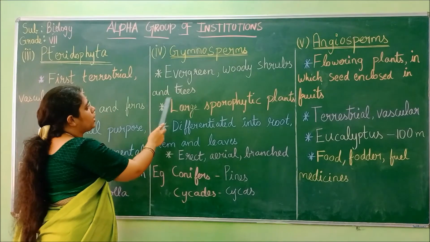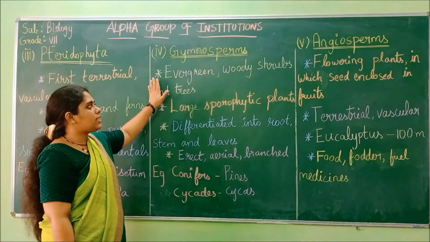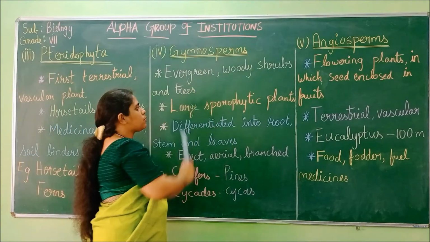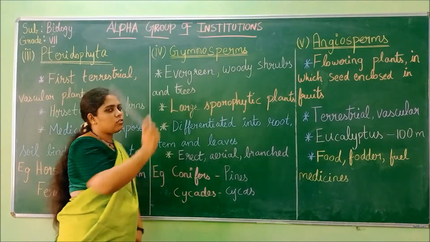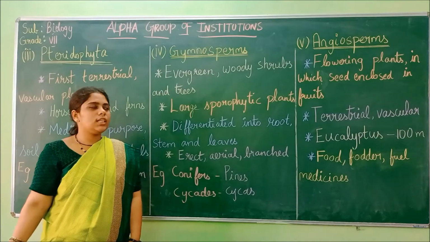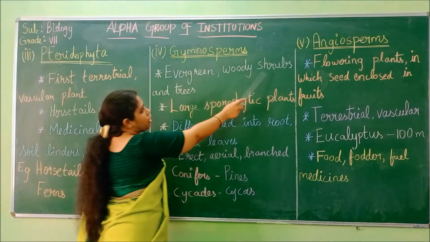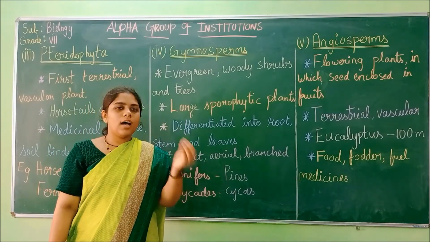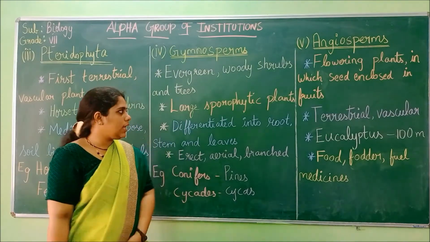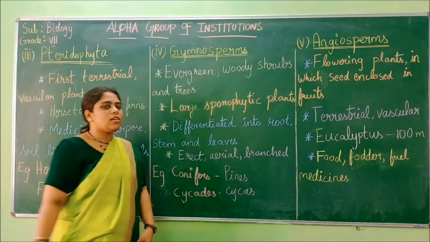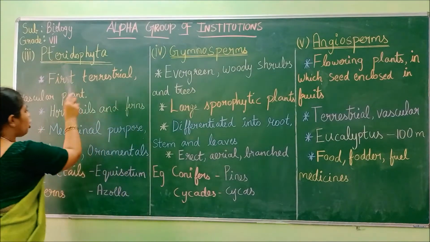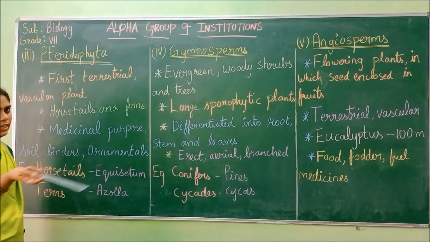Gymnosperms also include trees. These are the three types of plants which come under gymnosperms. First is evergreen, greenish throughout the year. Then woody shrubs, small shrubs having woody branches. And finally trees. Trees also come under gymnosperms. Did we see any trees earlier?